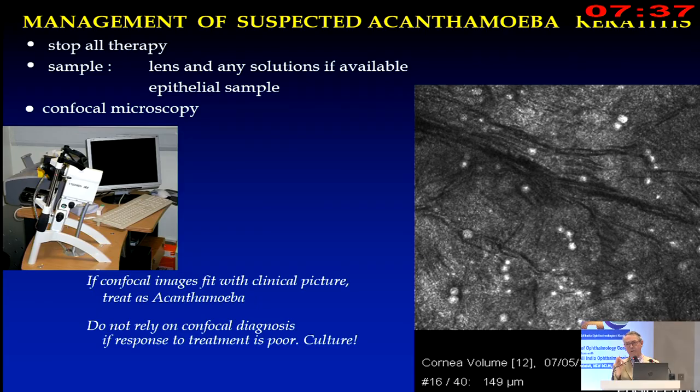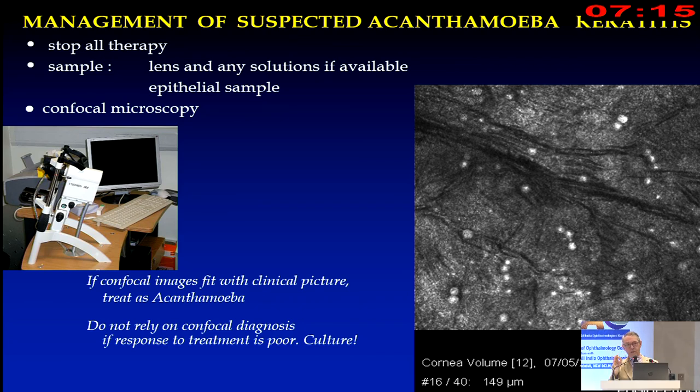The great advantage of confocal microscopy diagnosis is that it is immediate. You can start treatment without delay, and this is one of only 2 infections of the cornea in which confocal microscopy is really helpful, the other being filamentous fungus infection. So you've got an immediate diagnosis.